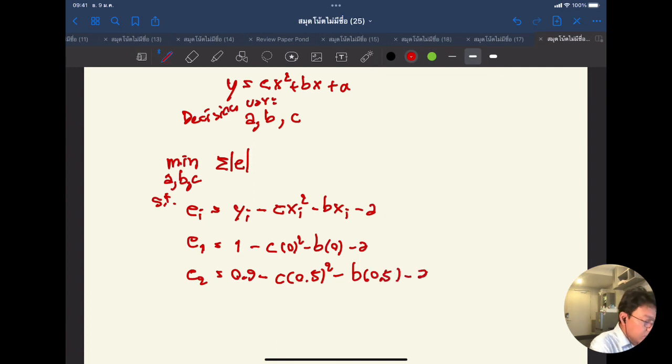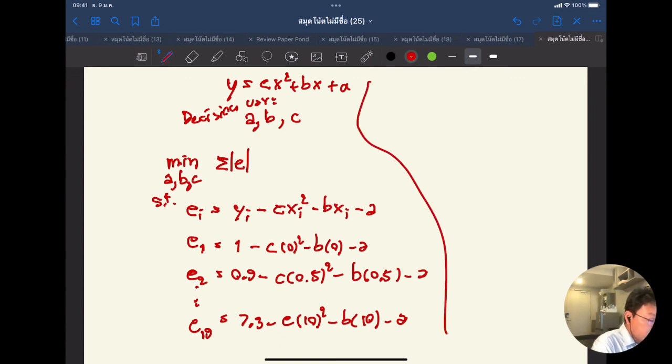You repeat it until E19, and E19 is 7.3 minus c 10 square minus b 10 minus a.